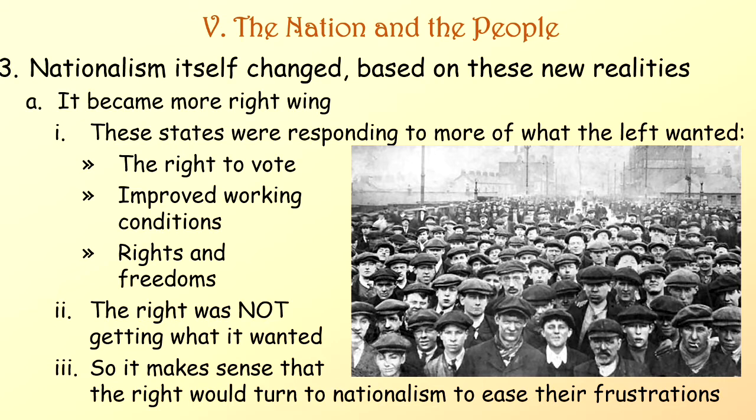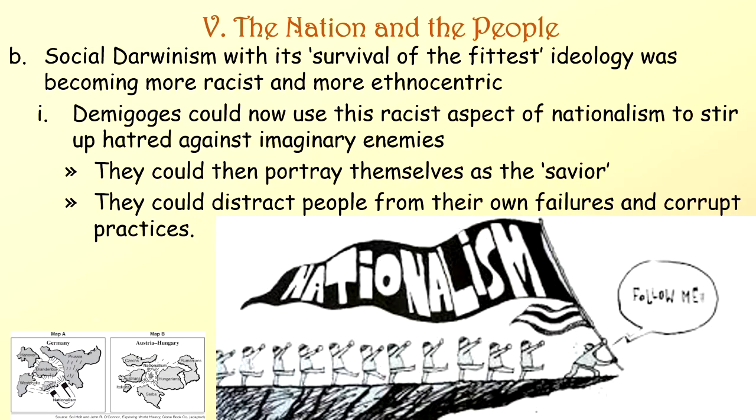Nationalism itself changed based on these new realities. It became more right-wing. And that was because these states were responding to more of what the left actually wanted: the right to vote, improved working conditions, rights and freedoms. But the right was not getting what it wanted. So it made sense that the right would turn to nationalism to ease their frustrations.